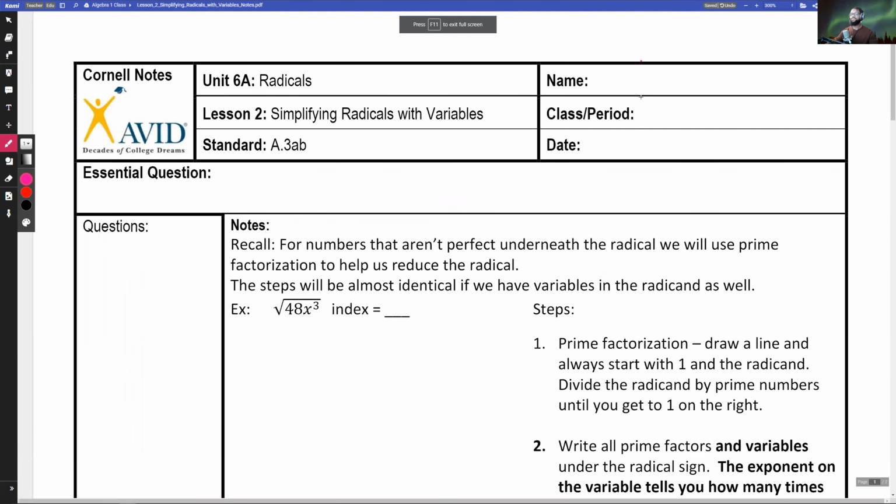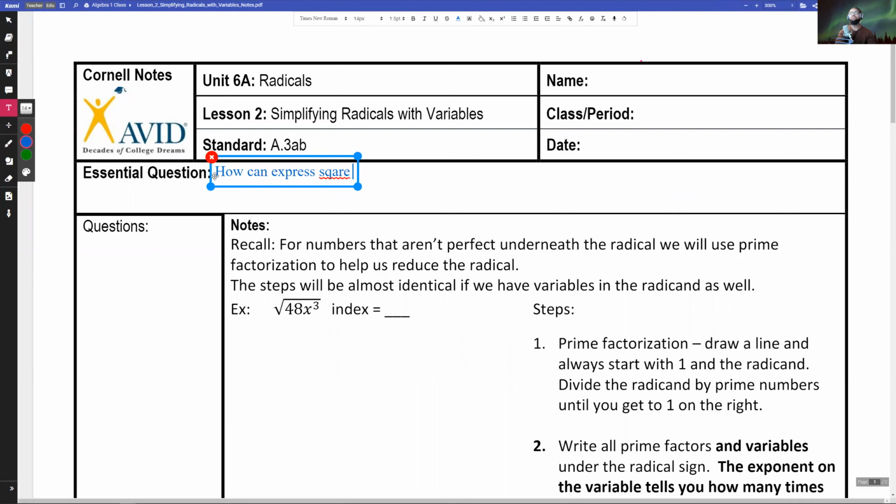Since our objective is the same, our essential question is going to be pretty similar. The only difference is that this time, we're going to add in the variables. So it is: how can I express square and cube roots with variables in their simplest form?